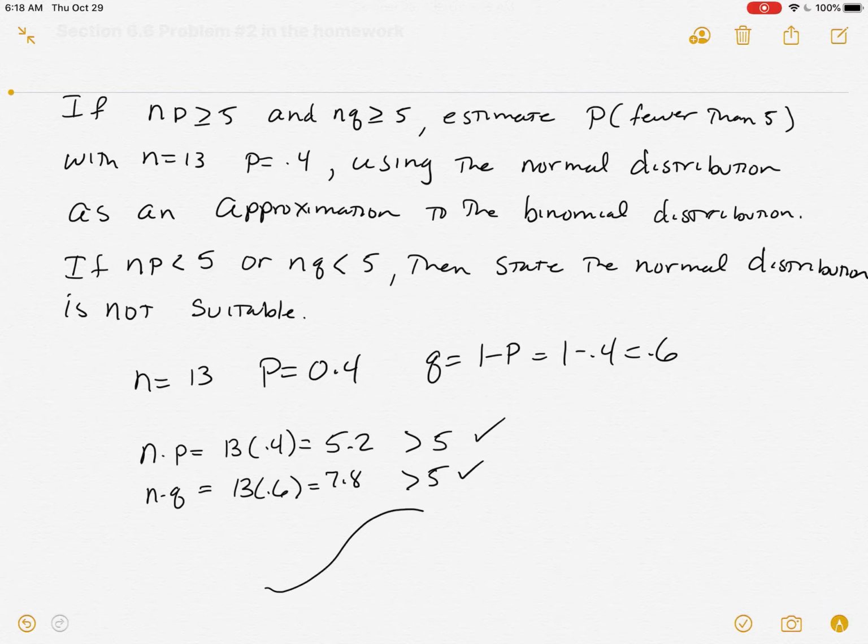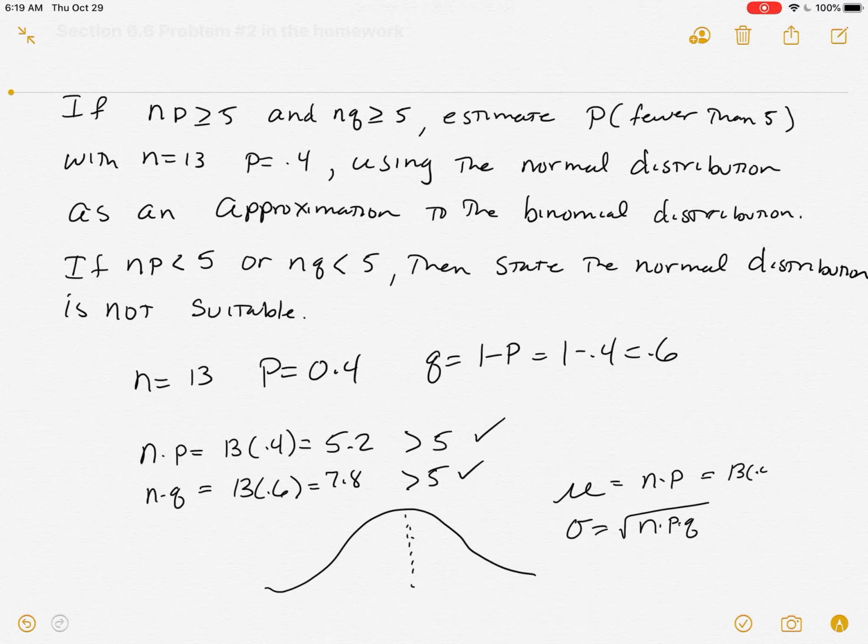So if we're going to use the normal distribution, then we need two things. We need a mean, and we need a standard deviation. The mean is n times p, as you know, and the standard deviation is the square root of n times p times q. We saw this before in chapter 5, and they're bringing it up here again. So if we go to calculate the mean and take n times p, well, we already have that.